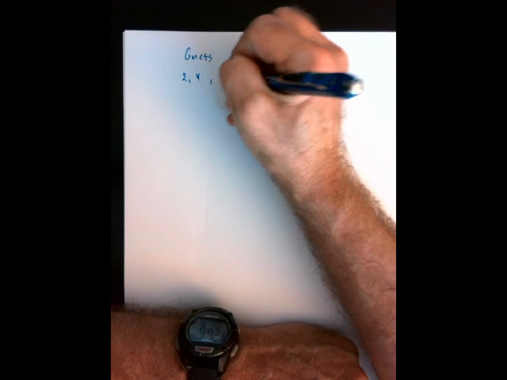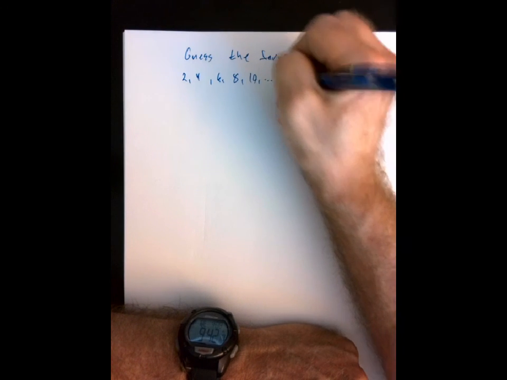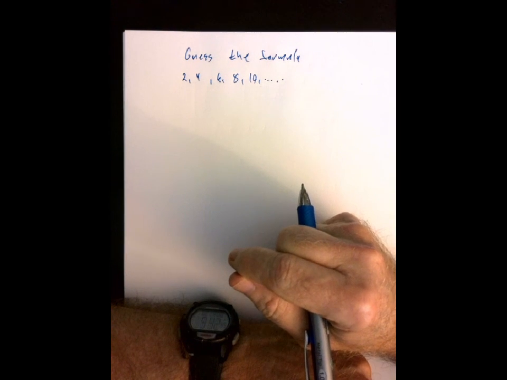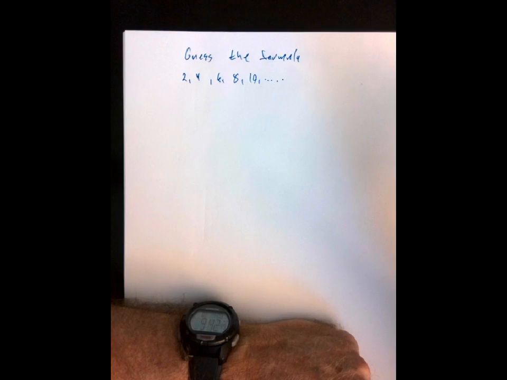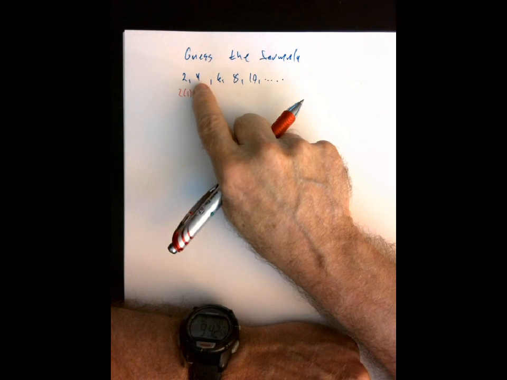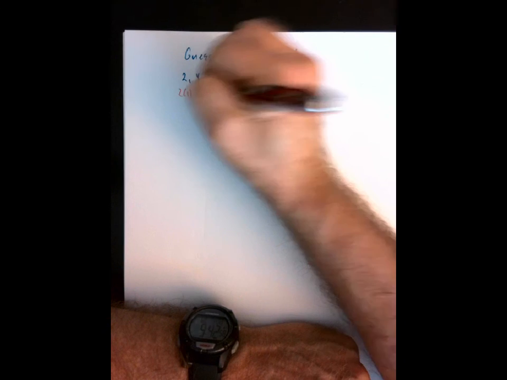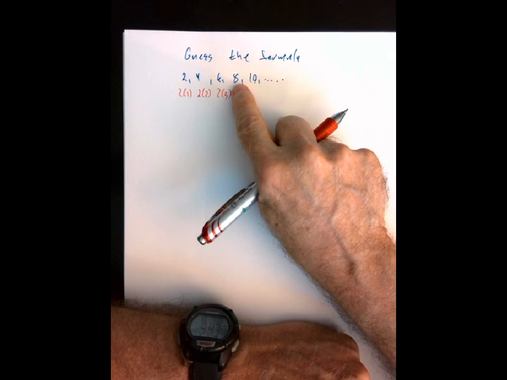So I'm giving you this sequence here, 2, 4, 6, 8, 10. Use a little bit of deduction to try to figure out what the formula would be. So you can see that this one is 2 times 1. And we can see that, oh, 4 is 2 times 2. 6 is 2 times 3. 2 times 4, 2 times 5.